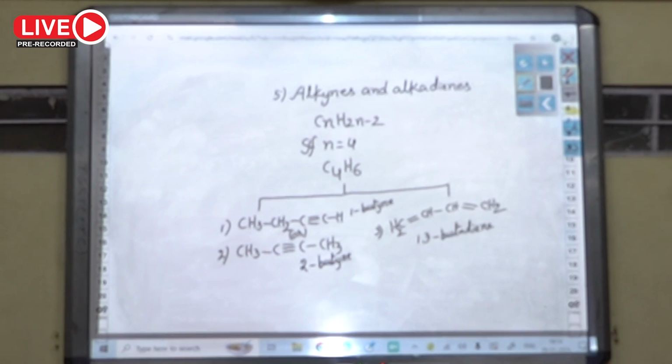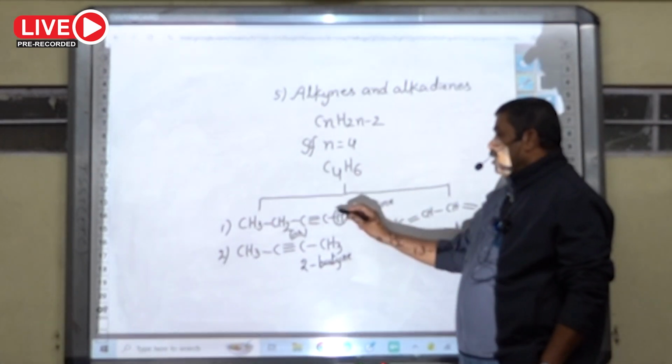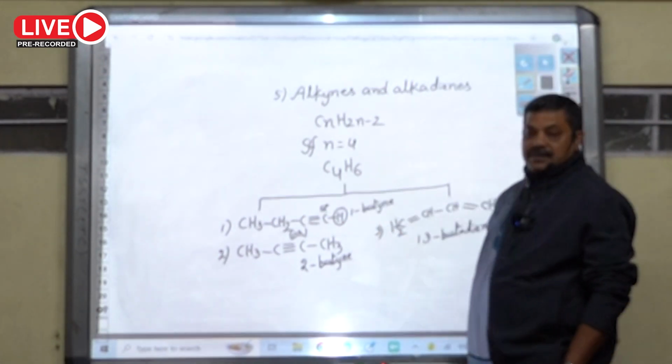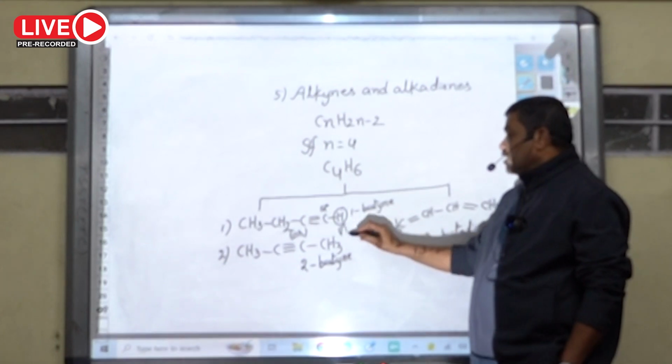Between 1 and 2, which will react with sodium metal and liberate hydrogen? The answer is 1, because it has acidic hydrogen. The hydrogen linked to sp hybridized carbon is called acidic hydrogen.